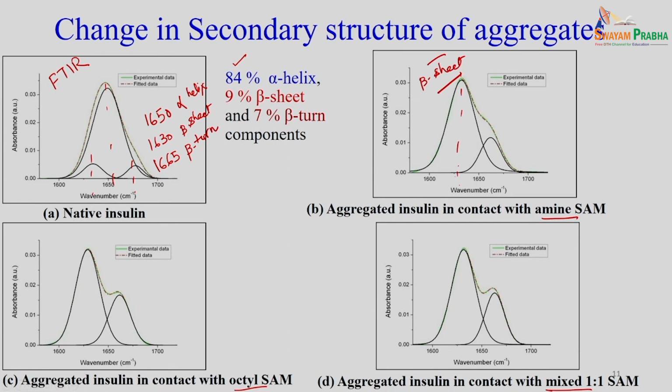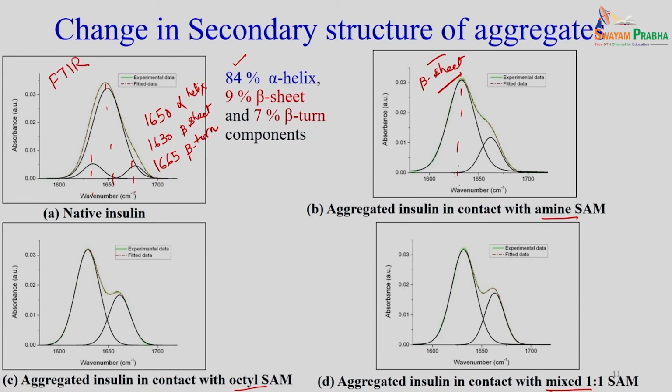So, what it says is, even the secondary structure of the formed aggregate is different in the presence of different surfaces. So, it reflects that there is a role of surface chemistry which is regulating the morphology of the aggregate on different surfaces.